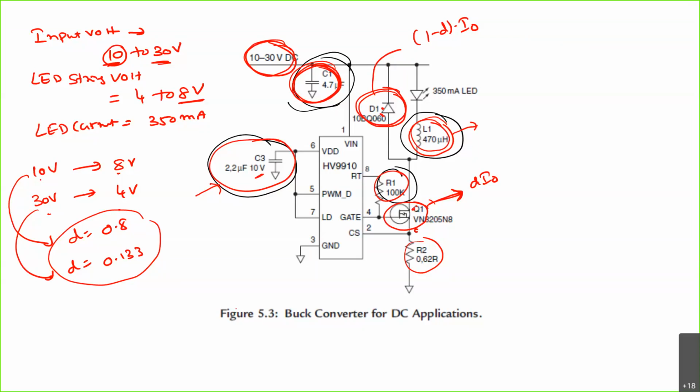So let us assume we are operating with a constant T off. Let us consider this T off as 5 microseconds.